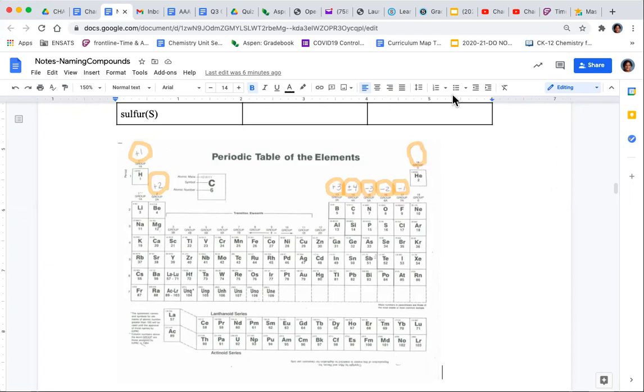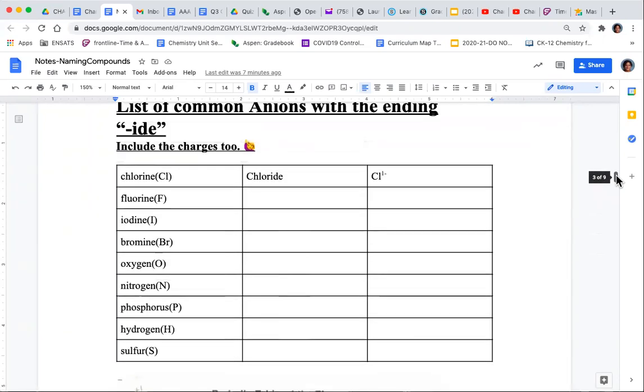And fill in the table for each non-metal anion. Okay, pause the video. We will do this activity, then we can move on. Are you ready to check your answers?